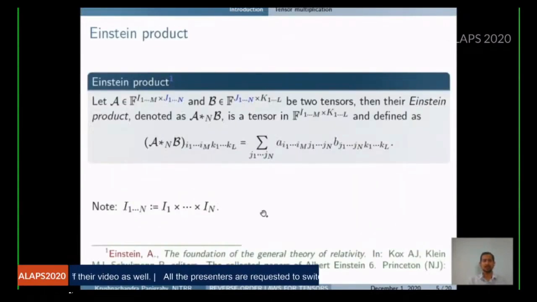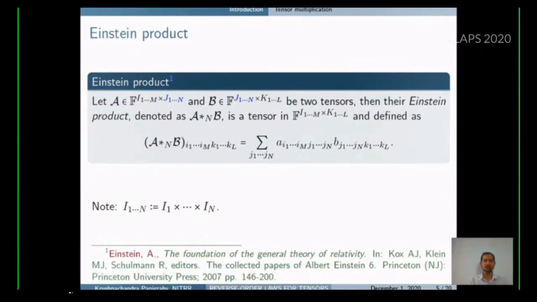So next, after knowing what tensors are, let's come to define a product on them. In case of matrices, we have a number of product rules. Here also a number of product rules are there.